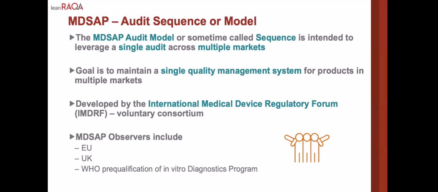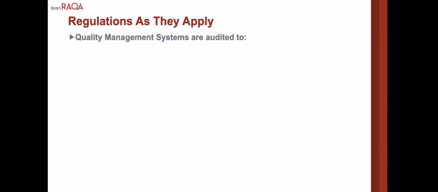And every year that goes by, there's more observers to this process. But it is closed in terms of number of participants. So it will be up to individual countries to decide if they're going to accept an MDSAP certificate, and then if they're going to require maybe a small scope of audit for their countries.